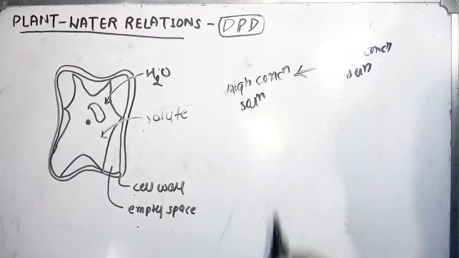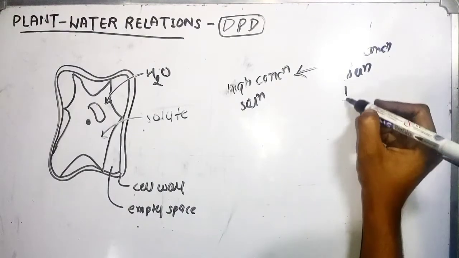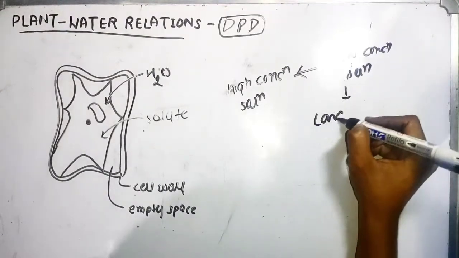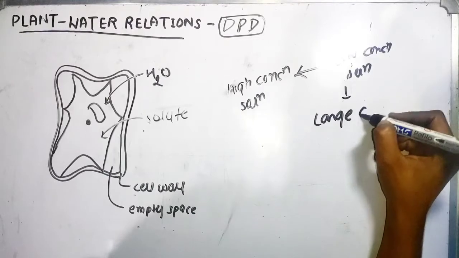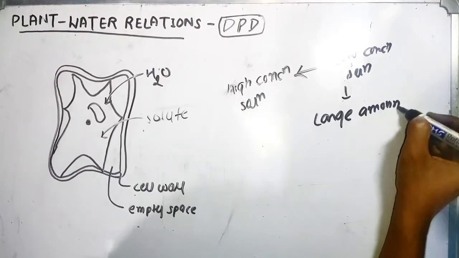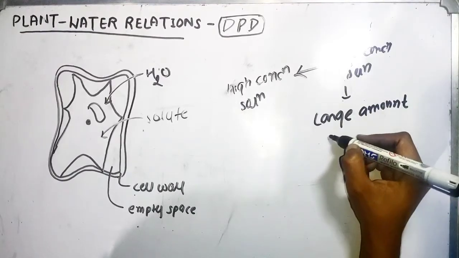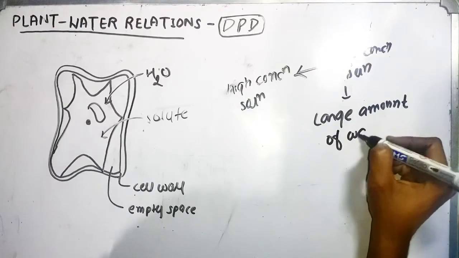Wherever it is low concentrated, it has a large amount of water, because it has low solute concentration.